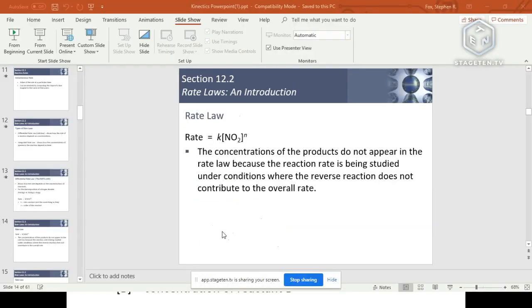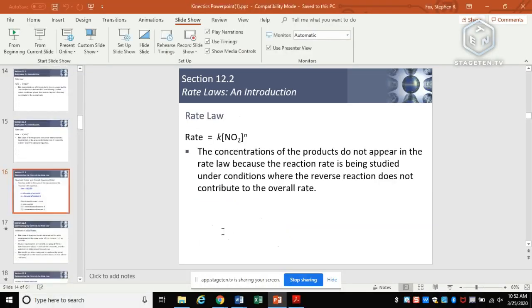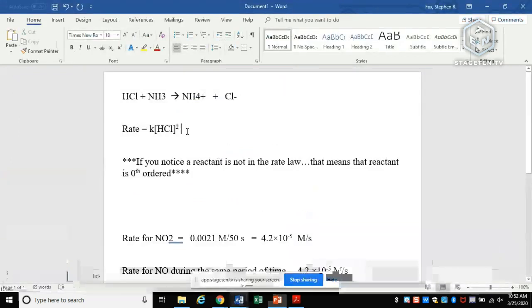So if we go back to our example, if they're both first order, then you might be asked, here's my rate law, what's the order of the reaction with respect to HCl?